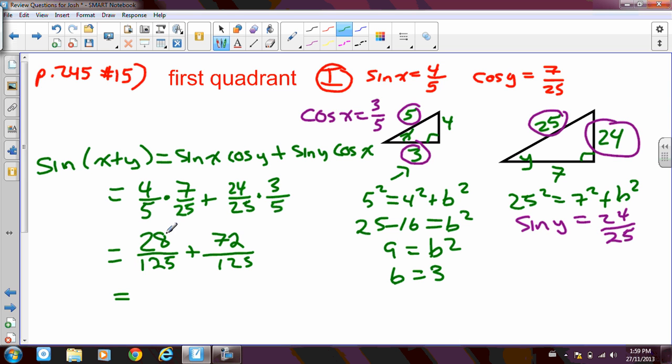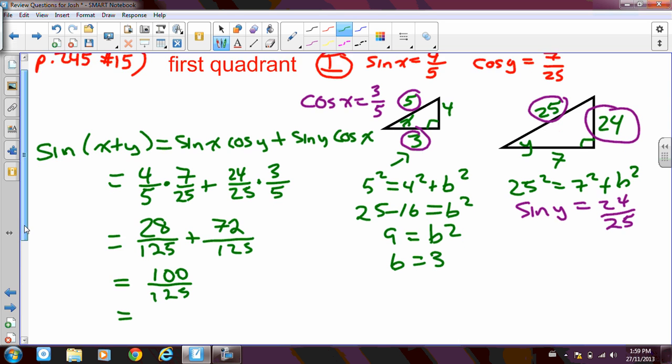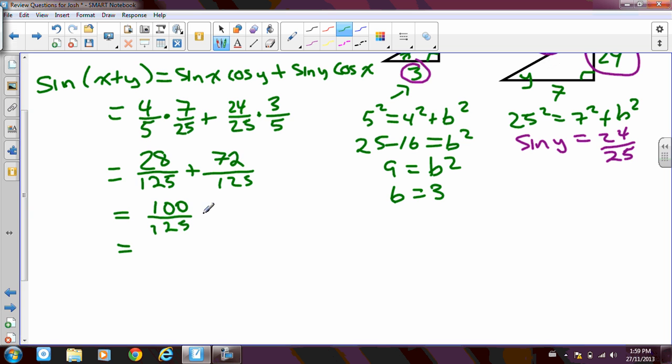And now basically I've got 28 plus 72 is 100, so 100 out of 125. And if I'm going to simplify that, these both divide by 25. 100 divided by 25 is 4. 125 divided by 25 is 5.